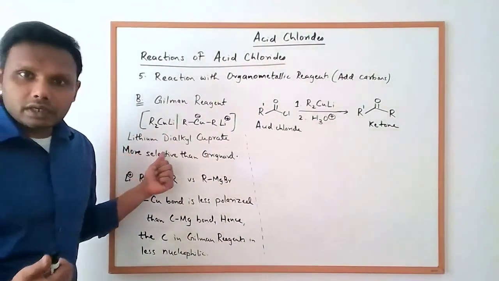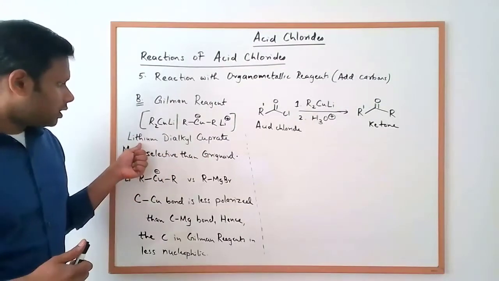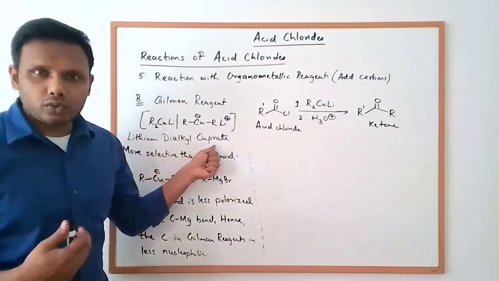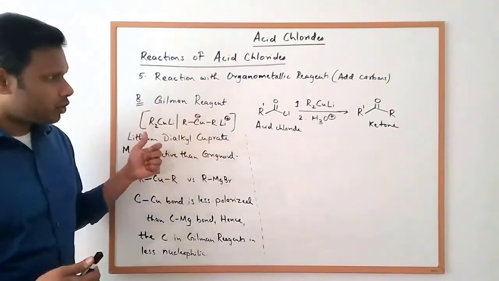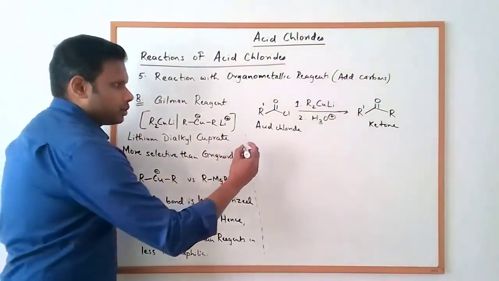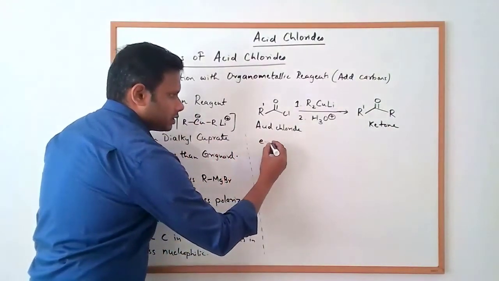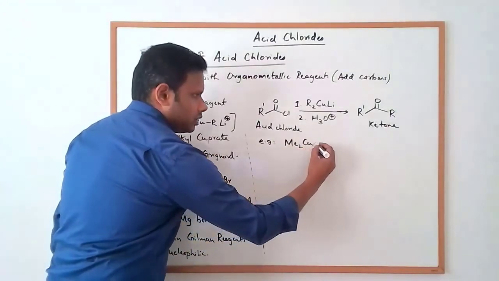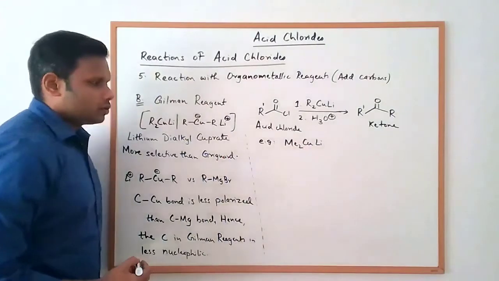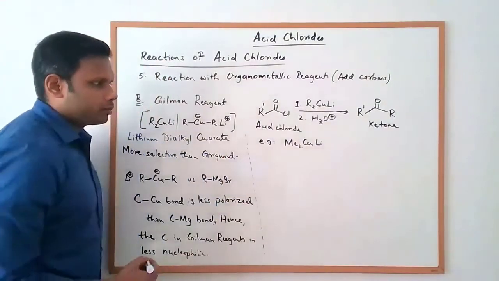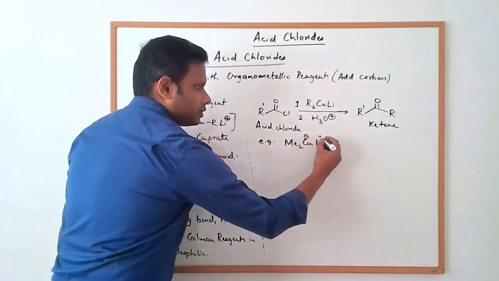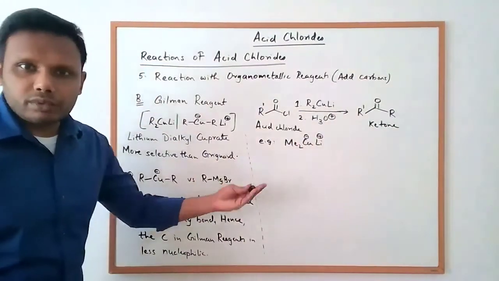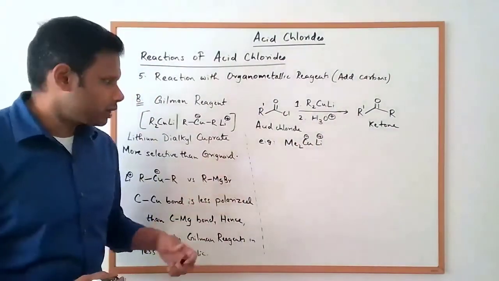And these are commonly referred to as lithium dialkyl cuprates. As an example, Me2CuLi: two methyl groups on a copper, which is negatively charged with the lithium. So that would be an example of a Gilman reagent.